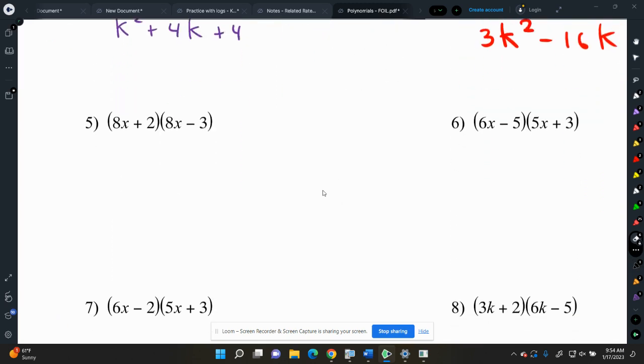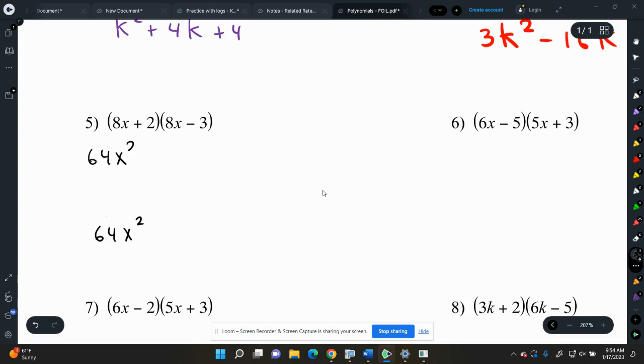Okay. Who's got an answer for number 5? Okay, Anya. I did it like the different way, like the one that you told us how to distribute it. That's okay. I got 64x squared minus 24x plus 16x minus 6.